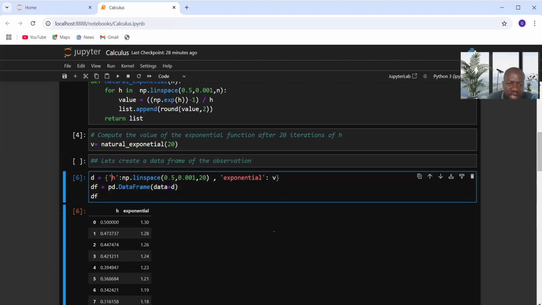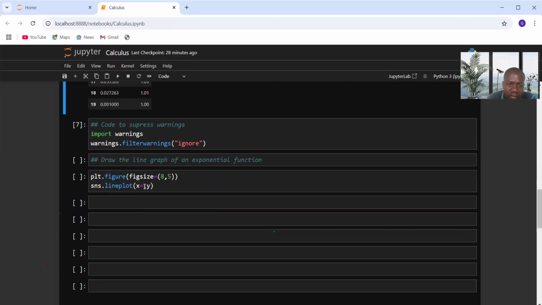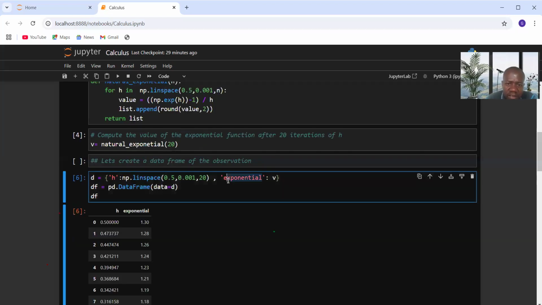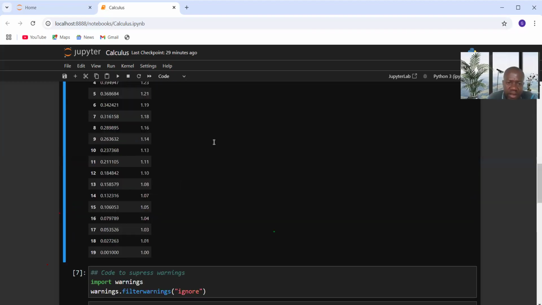So I'm going to say from the dictionary, d of h as the key value. Then the y value should be the exponential function. So I'll just call it here. It's already there. So there it is from the dictionary. So that is my exponential.